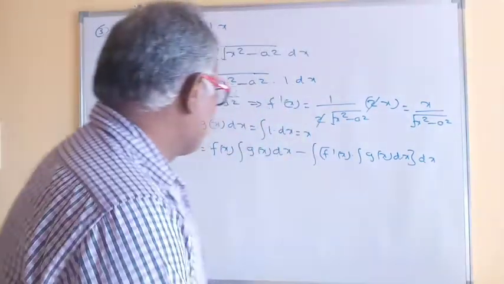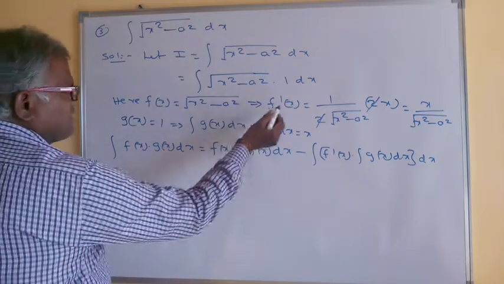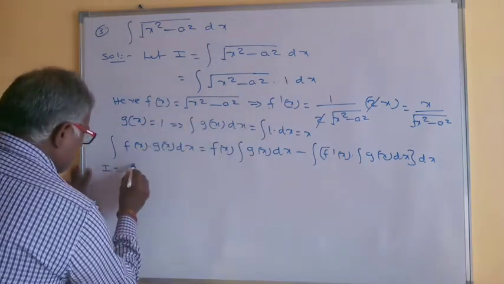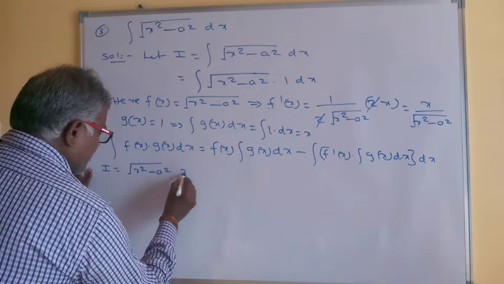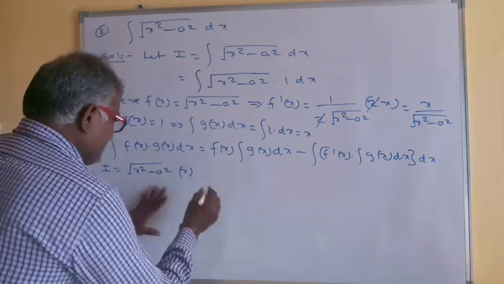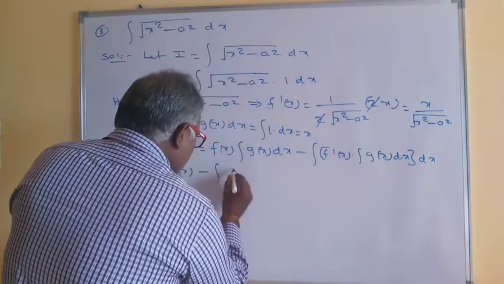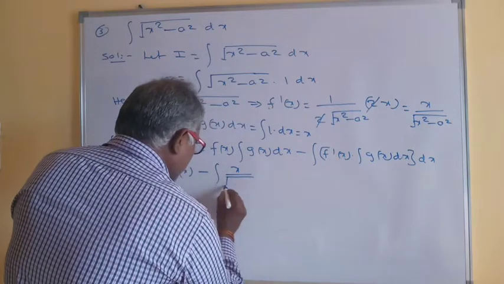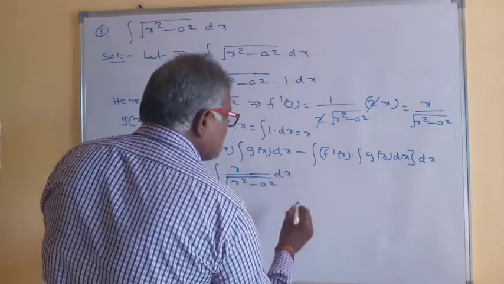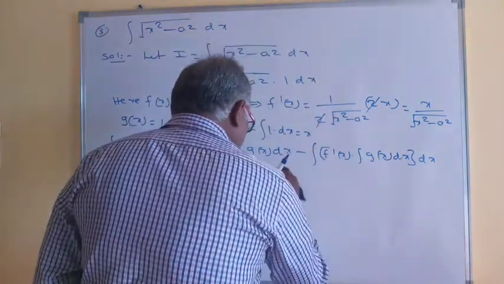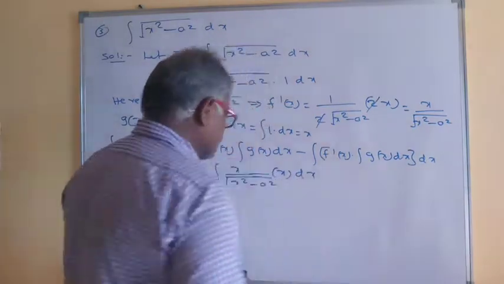Okay. Here you see I is equal to the first one, f of x: square root of x square minus a square into second function integral x, minus integral of first function derivative, x by root of x square minus a square, into second function integral x, dx.